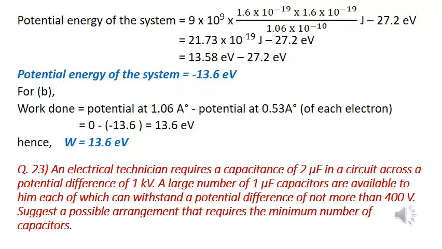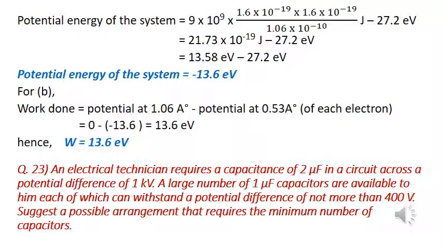Here in this question, it is given that an electrical technician wants to make a circuit across a potential difference of 1 kilovolt, and he requires the capacitance of 2 microfarad in the whole circuit.